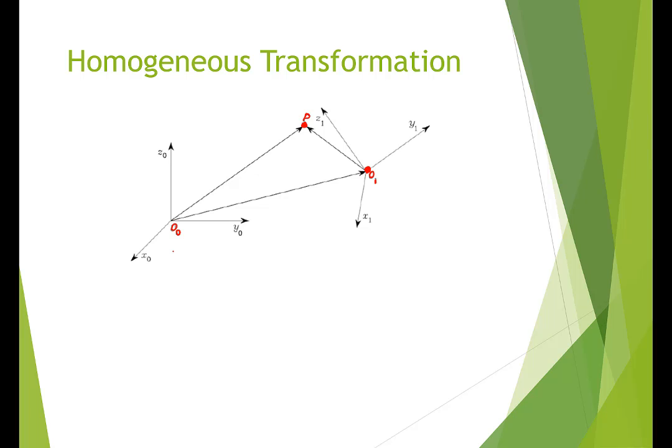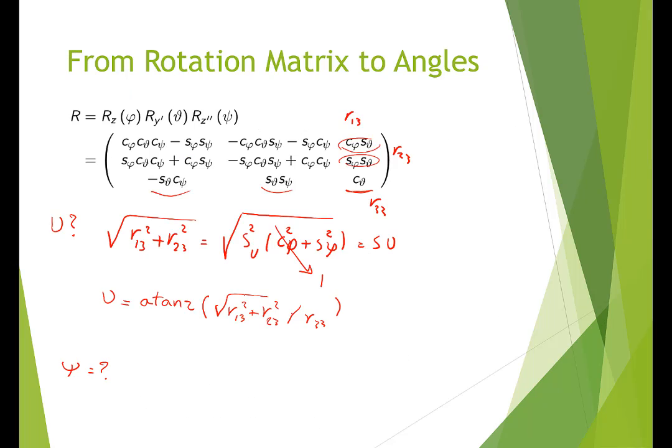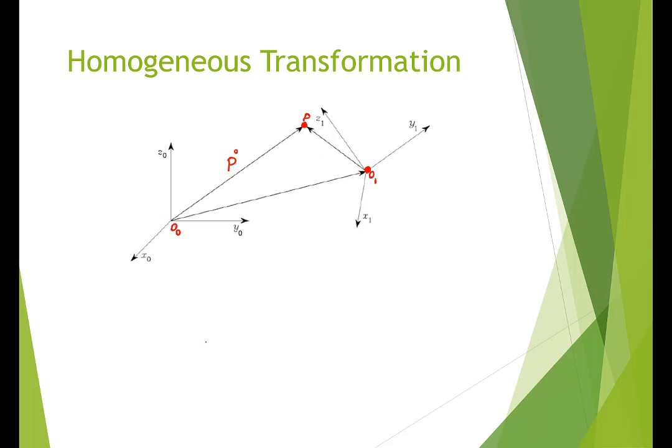So if I call this vector P in frame 0, I call this vector O in frame 0 shows frame O1 with respect to frame 0, and I call this P in frame 1.